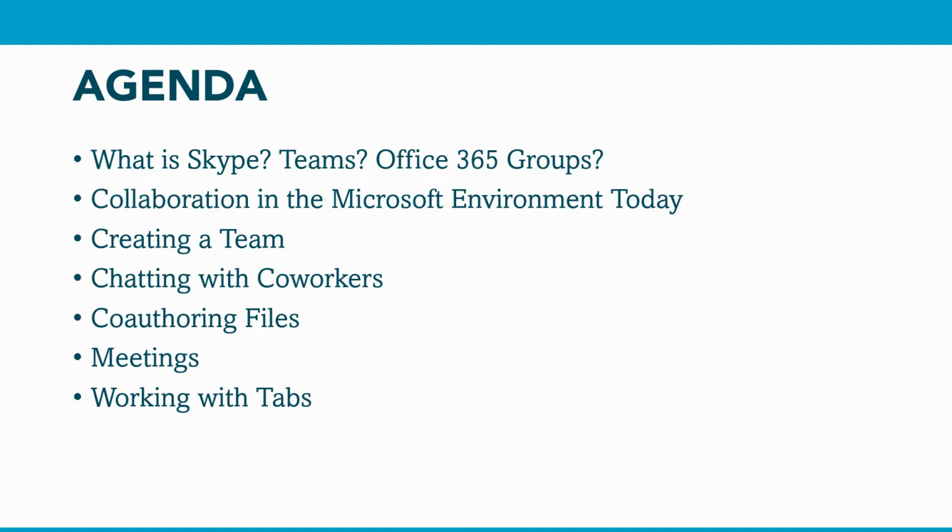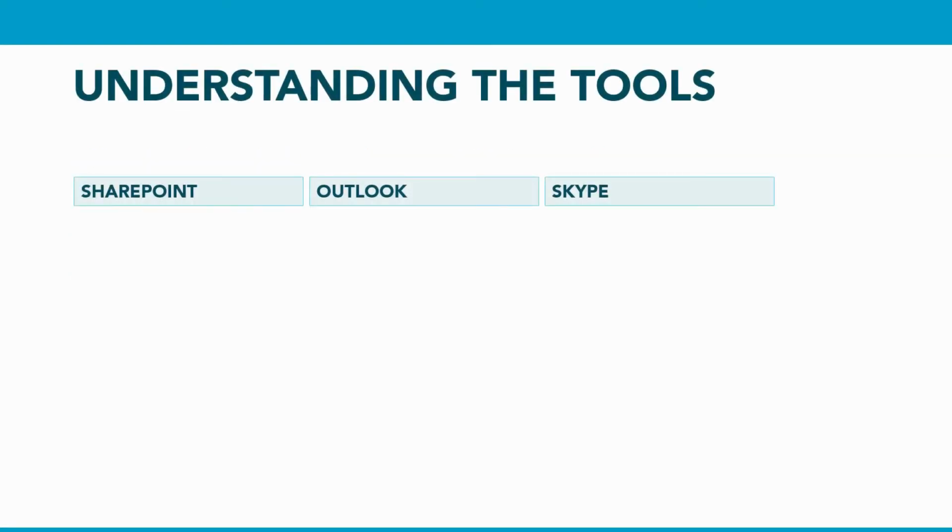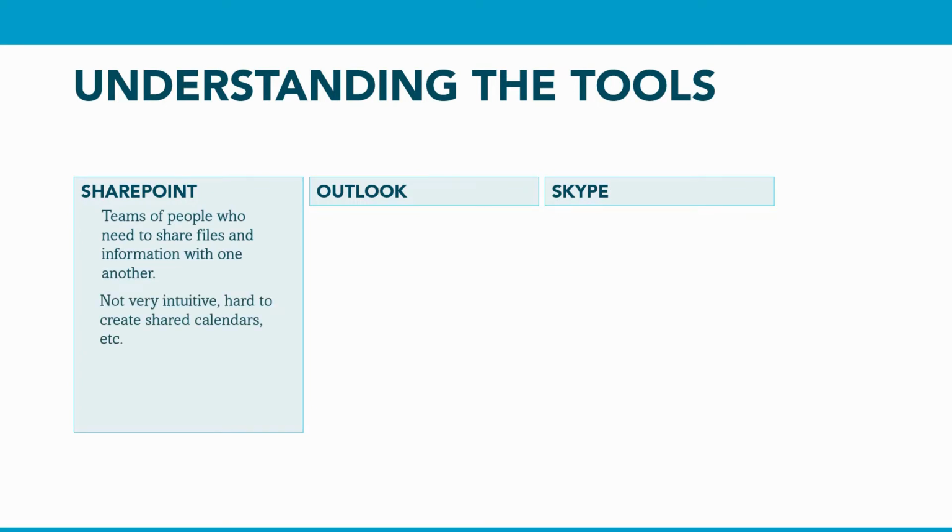So what are all these things and what do they mean for us? Well, you've probably at some point or another touched on all three of these different tools in the Microsoft suite: SharePoint, Outlook, and Skype. SharePoint is a collaboration space. It's where we go when we decide we need to share our files with our coworkers.